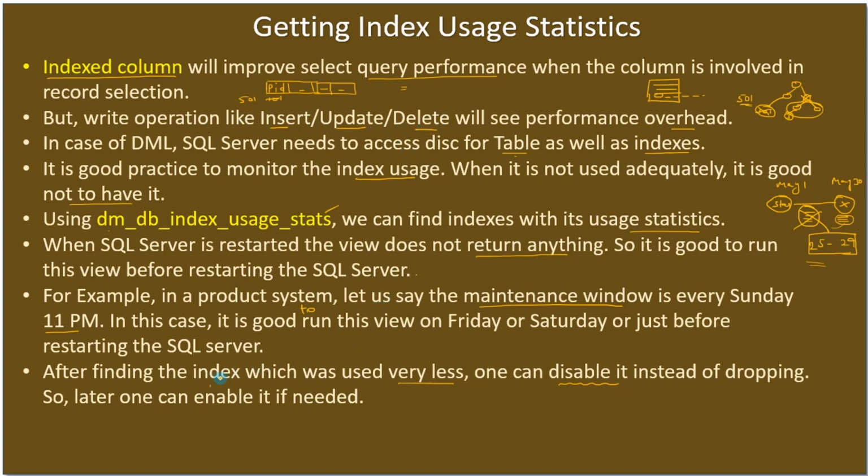So when an index was used very little in terms of scans, like traversing and fetching for select operations, then we can disable the index, or sometimes even drop it, if you are sure that the usage will not go up in the future.